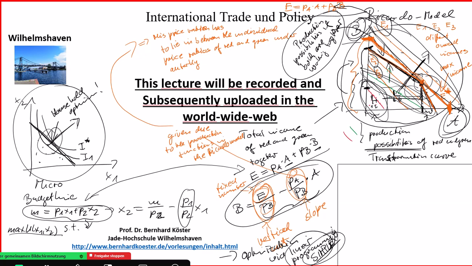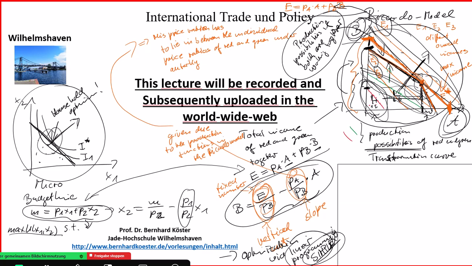And then you see the benefit of trade, because if they both work only alone, the maximum amount of B which they can produce together is this point here.